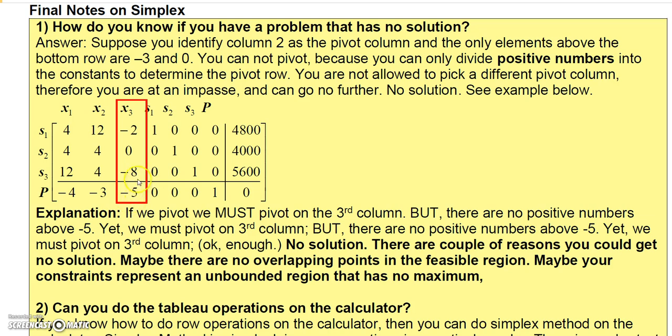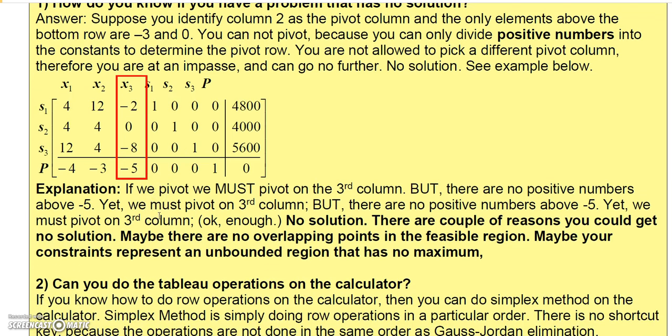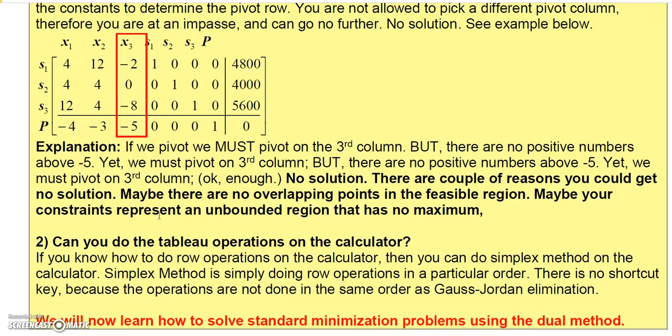But you can only use positive numbers above the -5 to get your pivot row. So since none of these 3 numbers are positive, you can't choose a pivot row. So therefore, you have no solution. Because you can't just say, well, I'm going to move to another column, because you can't. You've got to stay with that column since that's your most negative indicator, and so you just can't move on.